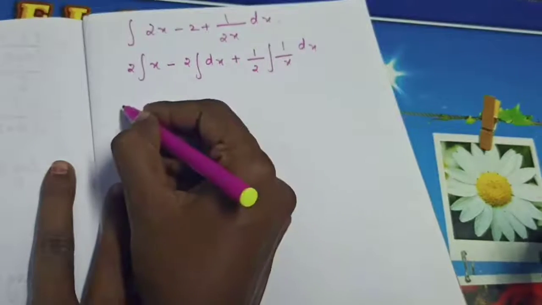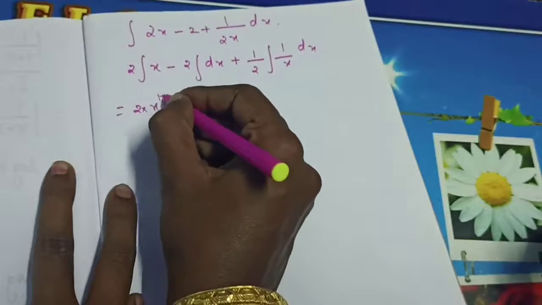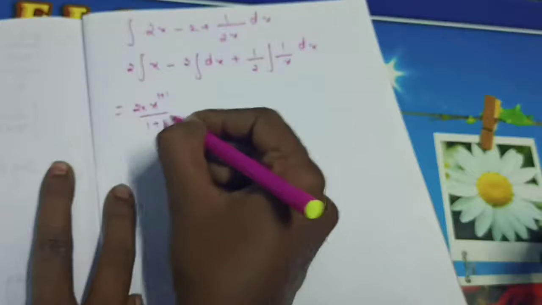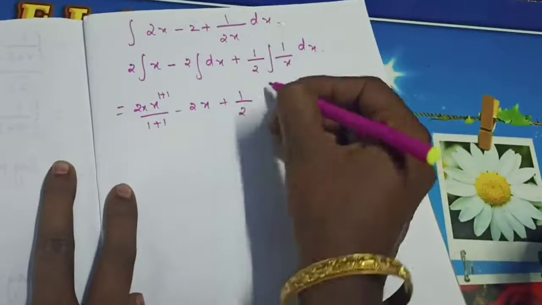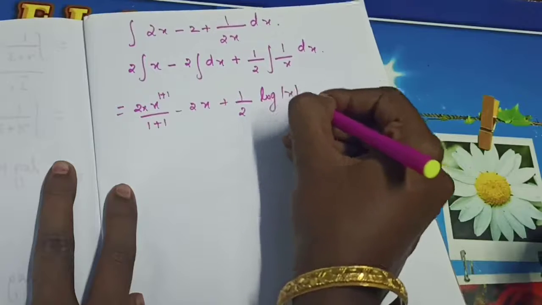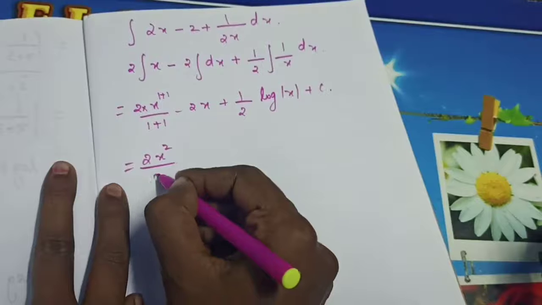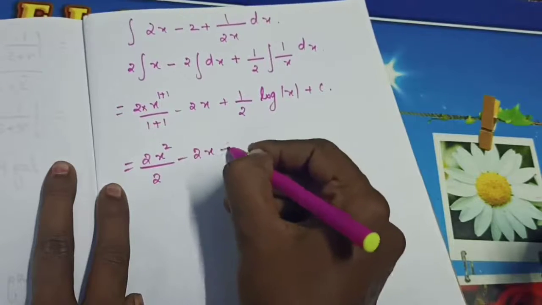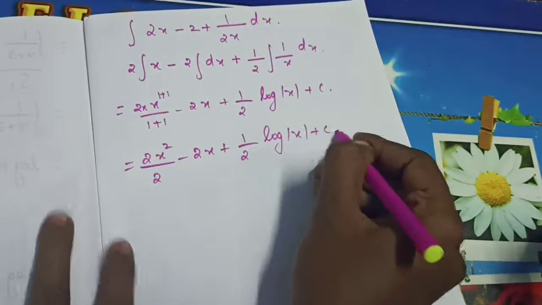That equals 2 into x power 1 plus 1 divided by 1 plus 1, minus 2 into x, plus 1 by 2 into the integral of 1 by x, which is log of mod x, plus c. That equals 2 into x square by 2, minus 2x, plus 1 by 2 log of mod x, plus c.